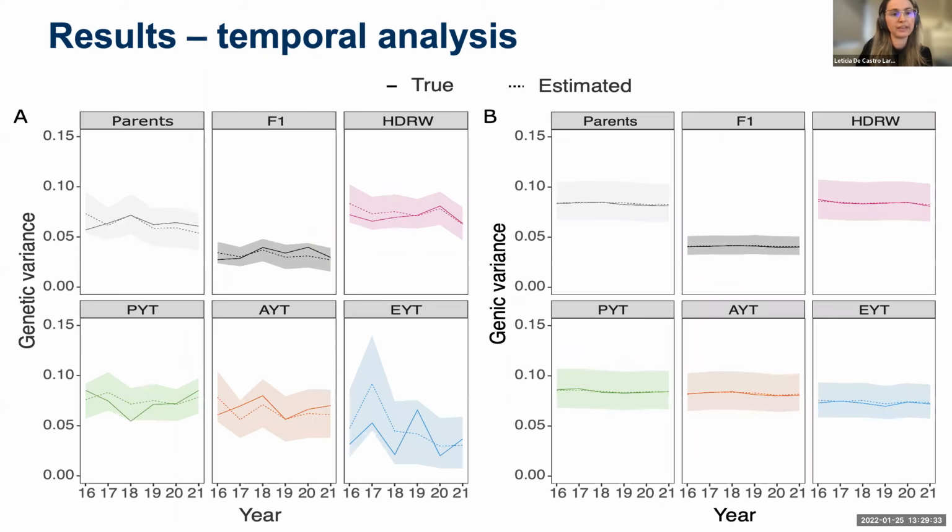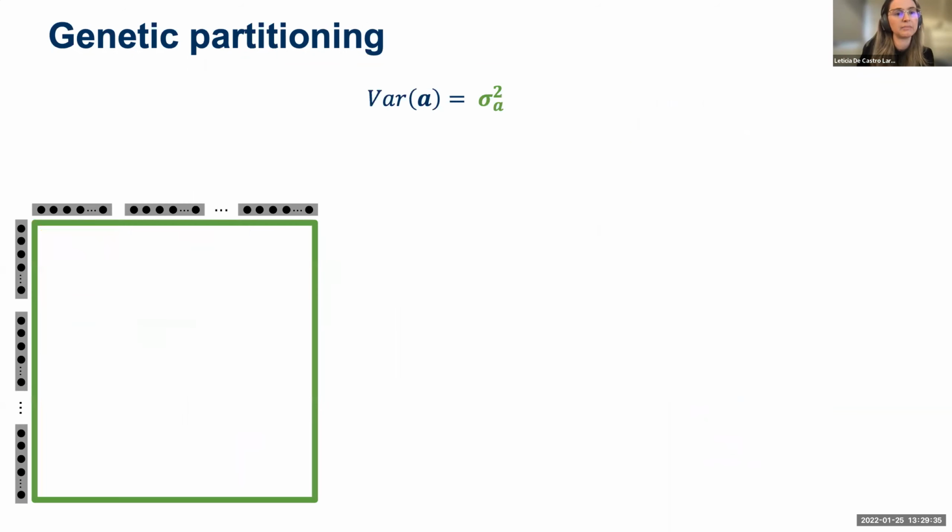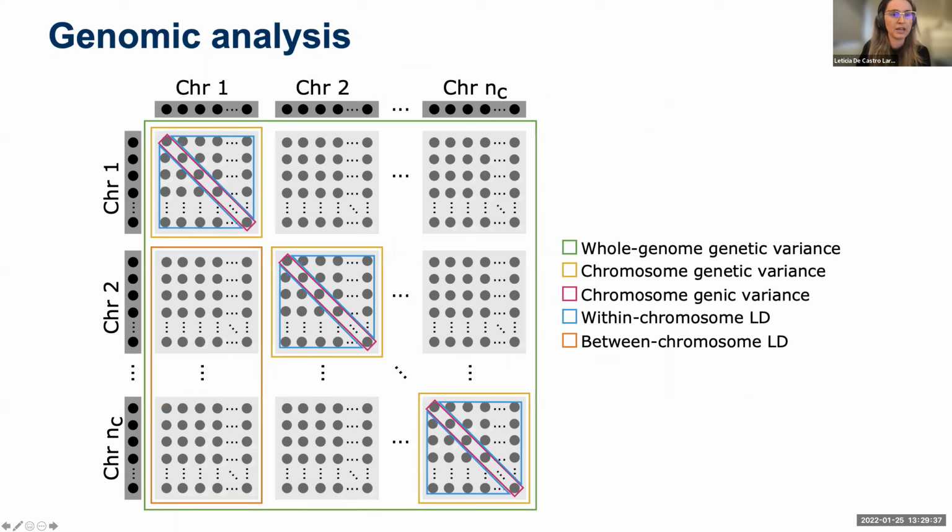But if we check just one dot in this matrix, we can see that this within linkage disequilibrium is actually higher than the between linkage disequilibrium.